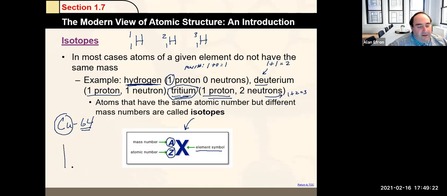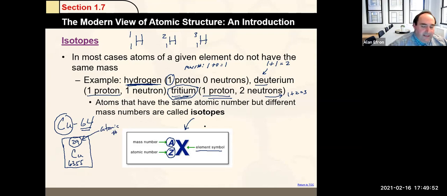If we look on the periodic table for copper, it is 29, right about there. And we have something like 63.55. So one thing we know for sure, if we go to the periodic table, copper's atomic number would be this one.